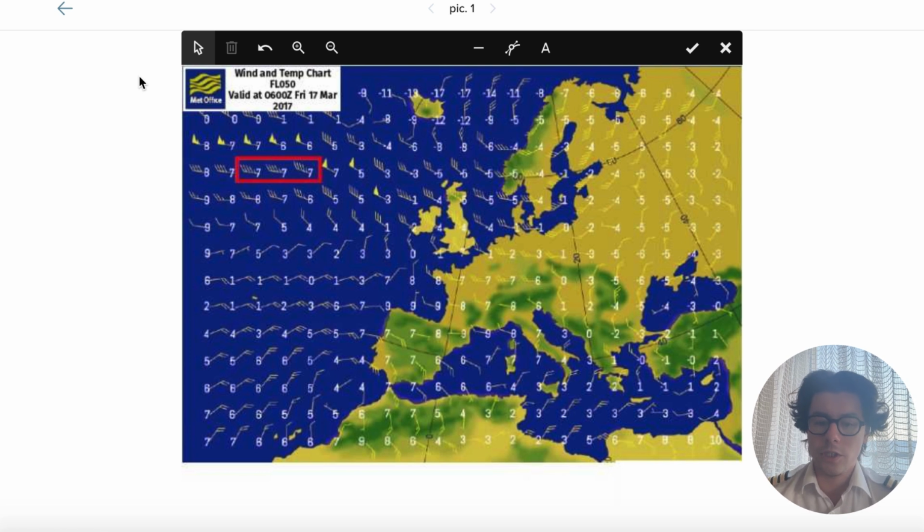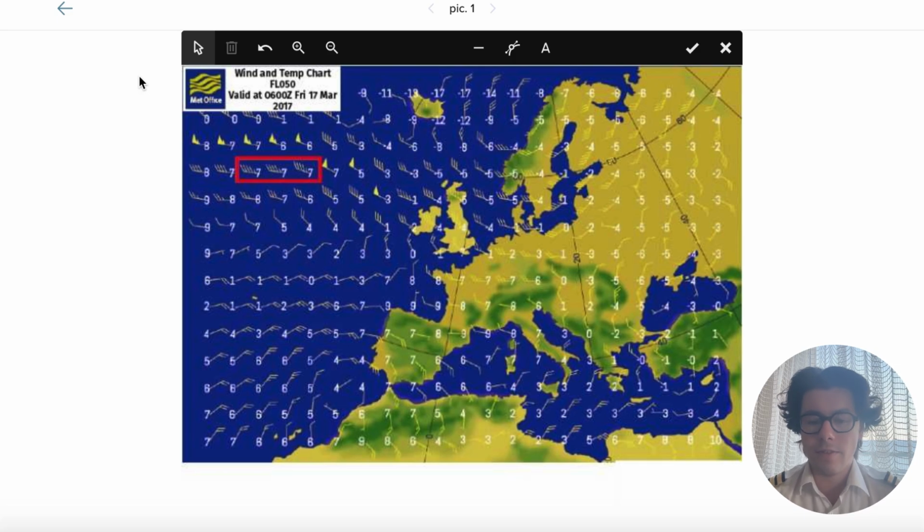However, going back to the question, we have flight level 50, which is a pressure altitude of 5,000 feet. And we can see that at this altitude in the boxed section, the temperature is 7 and the wind is blowing with an intensity of around 45 knots, if I can see this properly. So we know that the temperature is 7. ISA temperature approximately decreases by 2 degrees for every 1,000 feet, of course starting from 15 degrees at sea level.